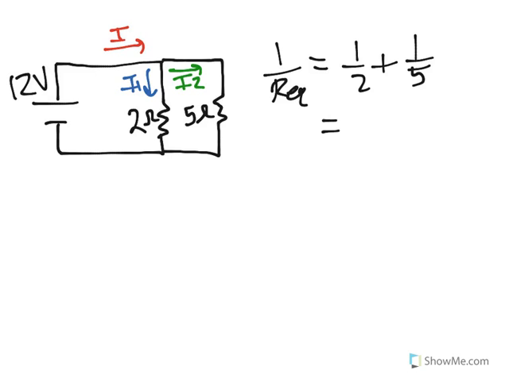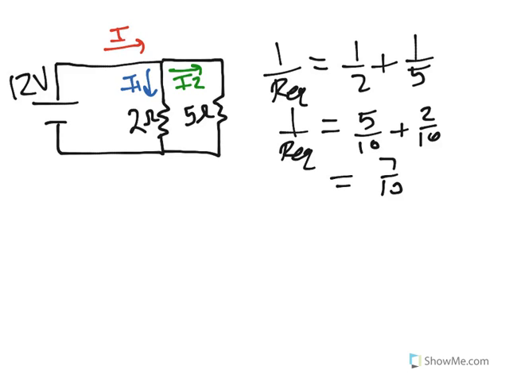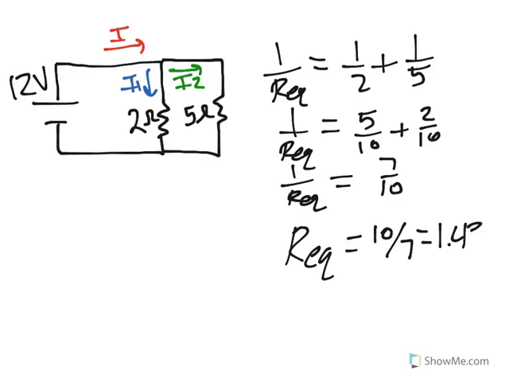And I know I can find least common denominator, which is 10. So 1 over my equivalent resistance is equal to 5 tenths plus 2 tenths, which is 7 tenths, but that's equal to 1 over my equivalent resistance. So my equivalent resistance here is 10 over 7, which is also equal to 1.43 ohms.